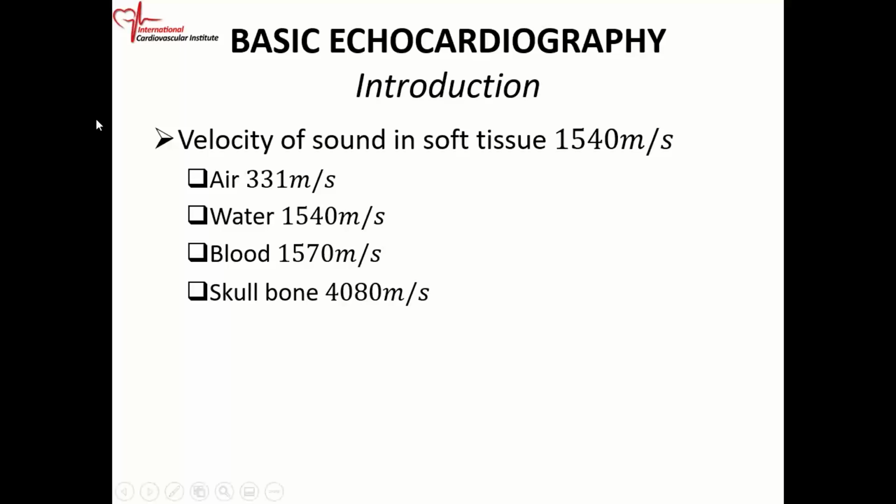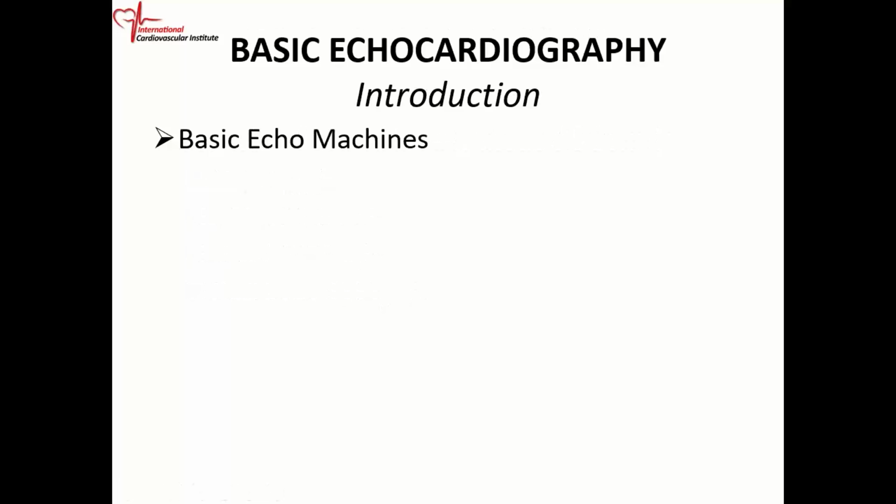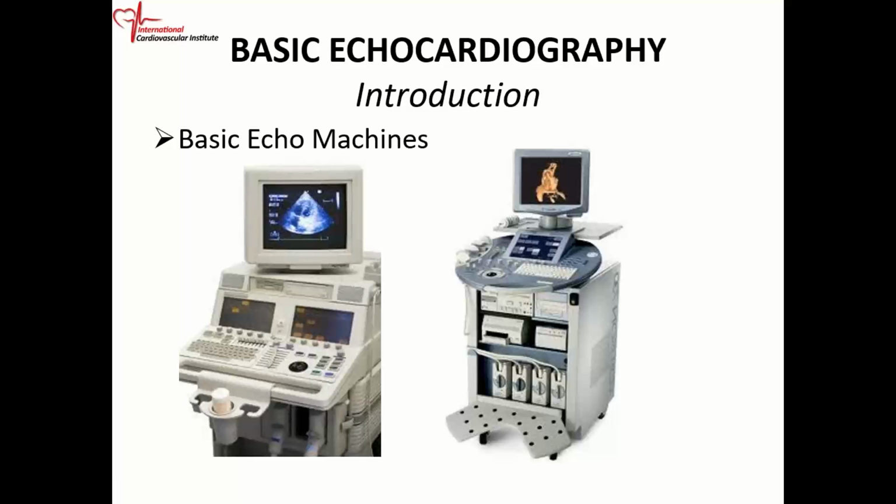In water, it's similar to soft tissue. In blood, it's a little bit more, 1570 meters per second. And in bone, it's 4080 meters per second. All right, so you'll get those things. Don't stress too much about it.